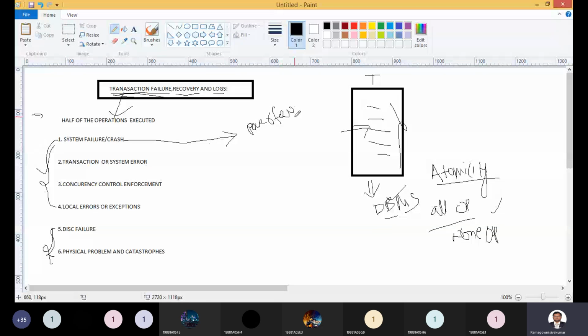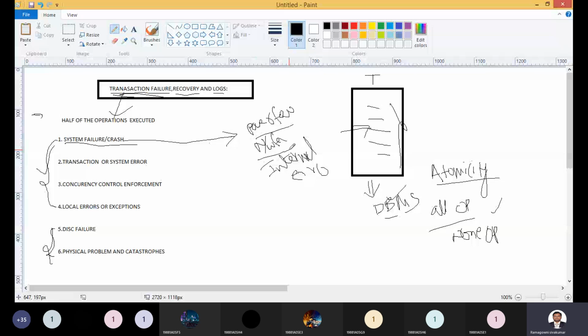So there are many causes for system failure and crash. If there is a power failure, a network failure, or any internal error, then the transaction is going to fail. That is called system failure or crash.